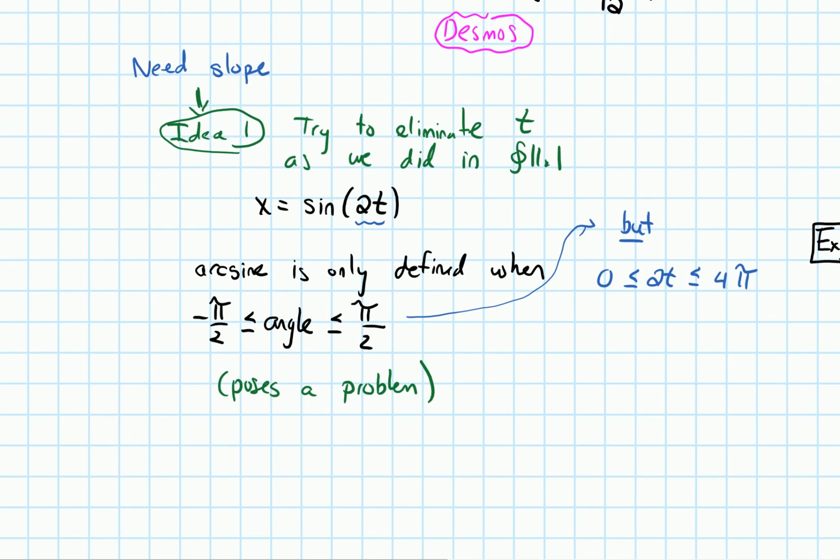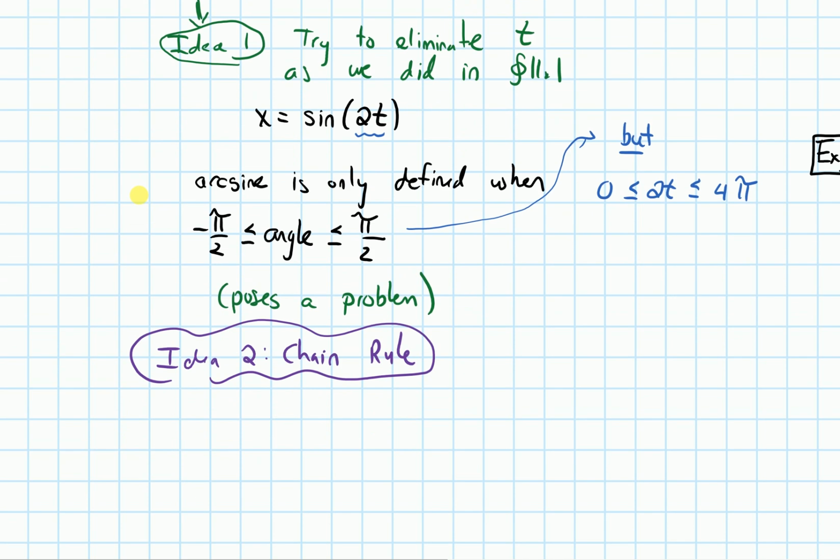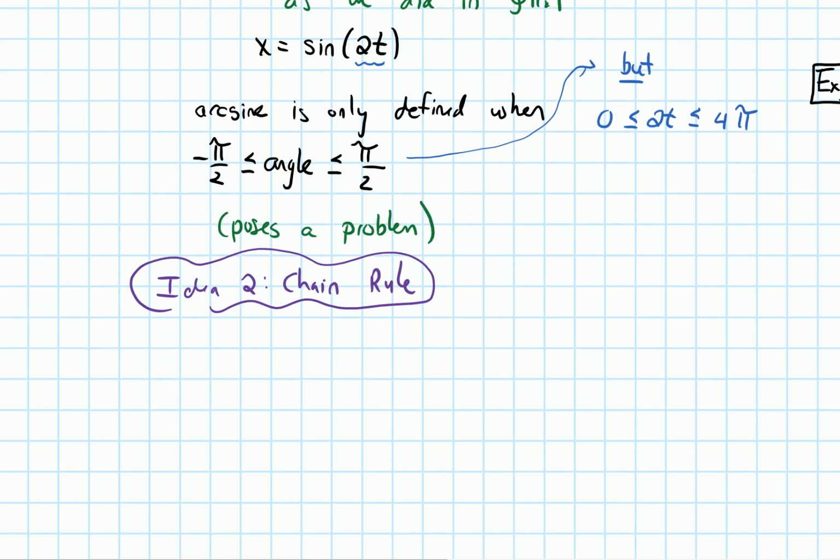Okay, so what's another way we could do this? Idea 2 is going to be to use the chain rule. When we use the chain rule, we're going to think of y as a function of x.